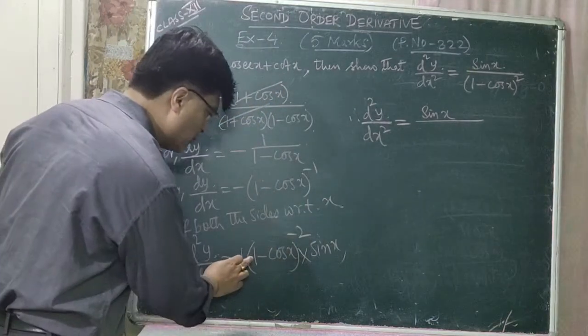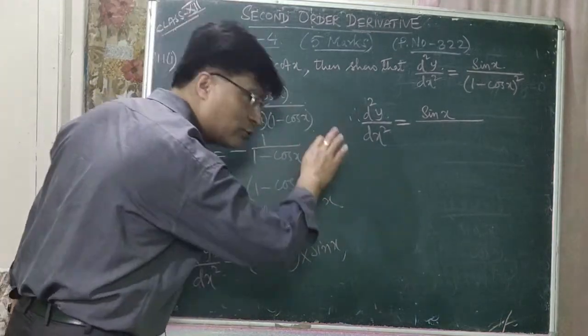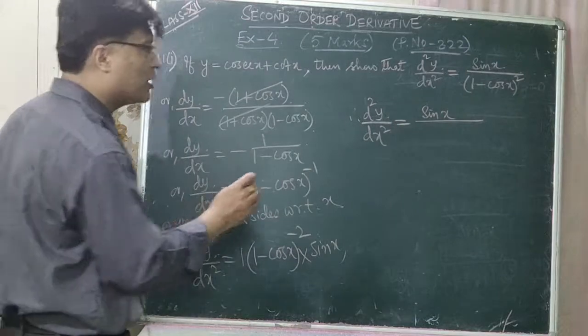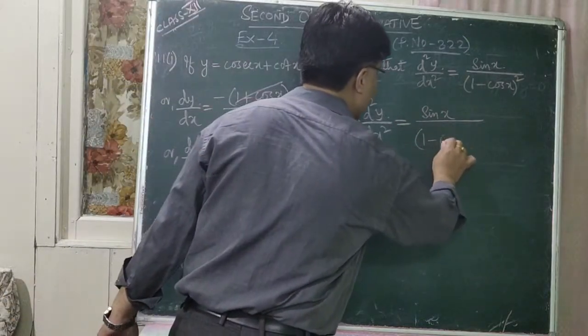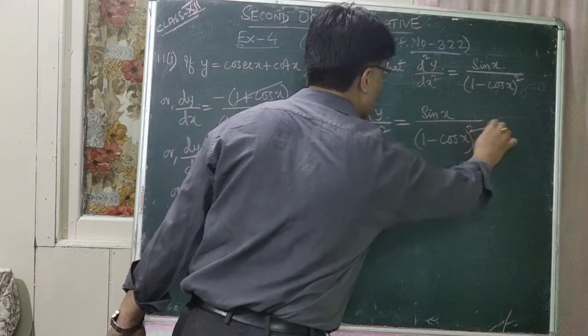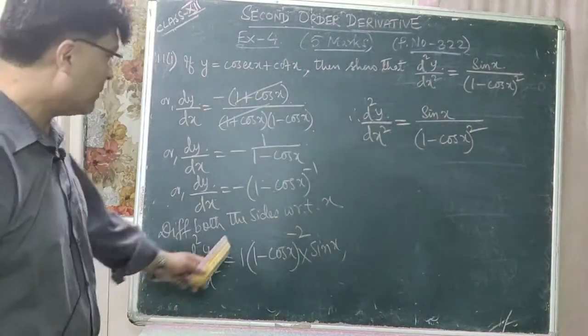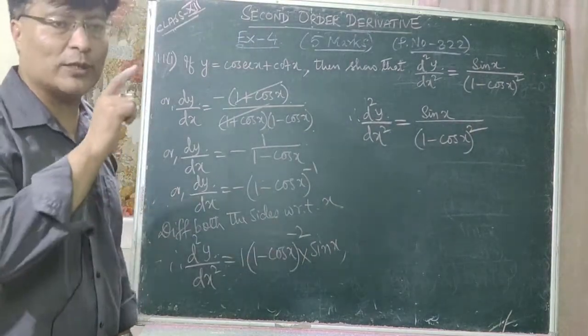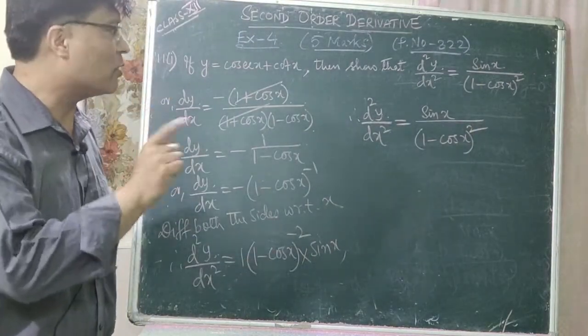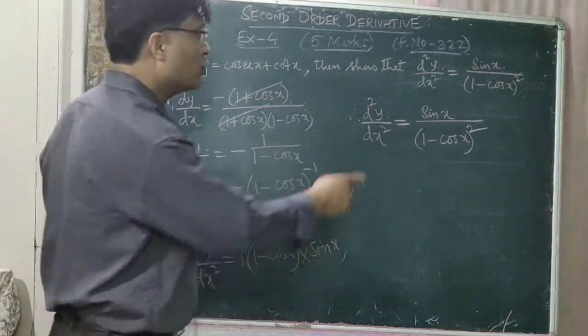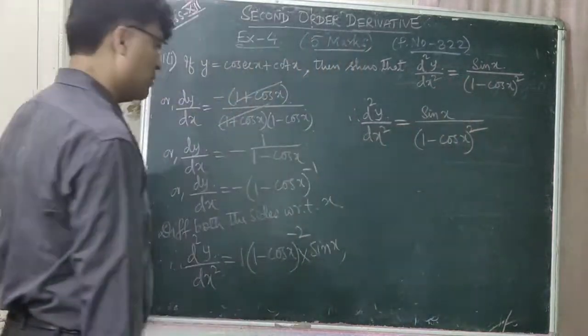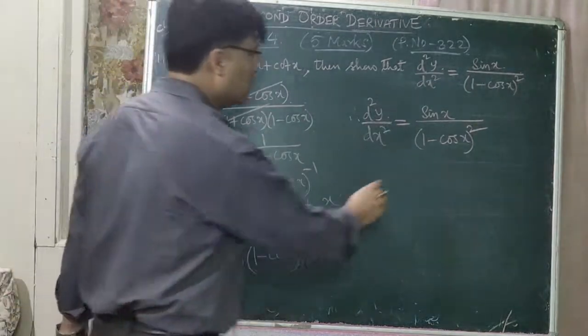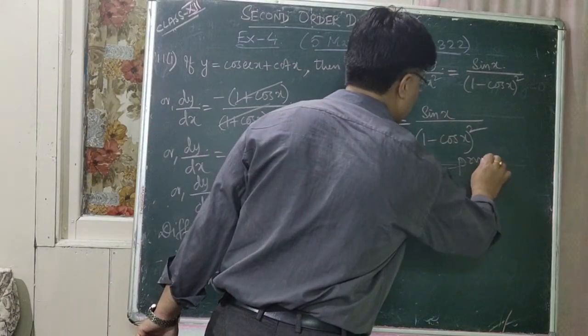So if you take this term 1 minus cos x whole to the power minus 2 to the denominator, what does it become? It becomes 1 minus cos x whole square. So 1 minus cos x whole to the power minus 2 is actually 1 upon 1 minus cos x whole square. So we have proved the required result. Is that clear now? So it is proved.